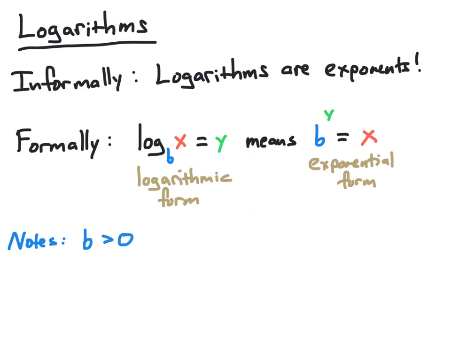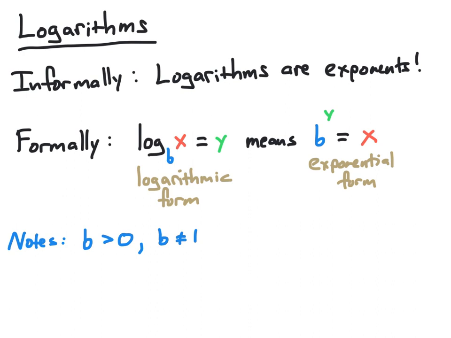That is clear because in the exponential form, the base b is the base of the exponential, and bases of exponentials are always positive. We also cannot have b equal to 1 because, again, an exponential with base 1 is not an exponential form. So we need b to be positive and not equal to 1 in both exponential and logarithmic form of this particular equation.